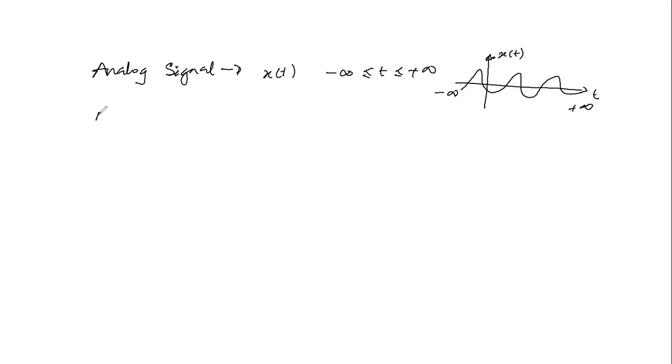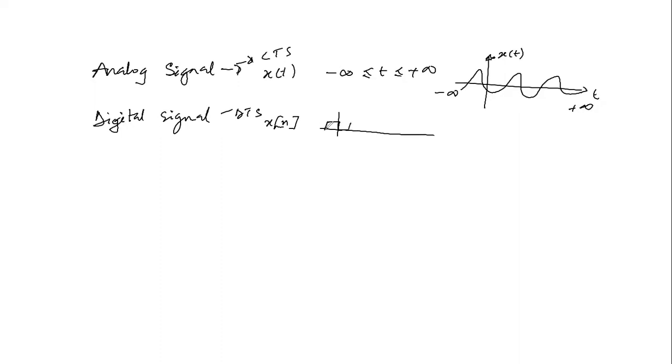And then we have the digital signal. This is a discrete time signal. Note that the analog signal is a continuous time signal, and the digital signal is a discrete time signal. Say x of n that can take on any finite number of discrete values and have something like this.